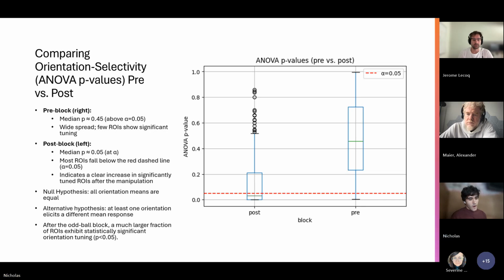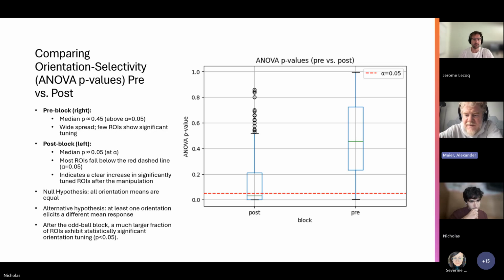So I think what this implies is that if you were to compare the pre-block to the post-block, you cannot assume that an ROI that exhibits clear tuning in the post-block also exhibits clear tuning in the pre-block. That's what this analysis suggests.